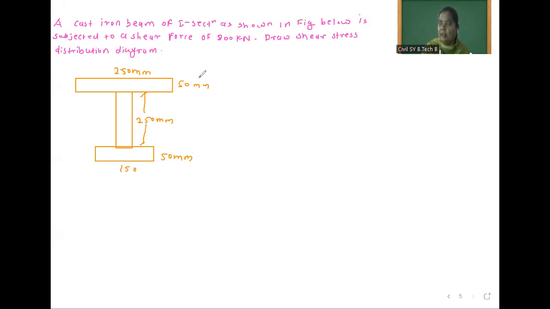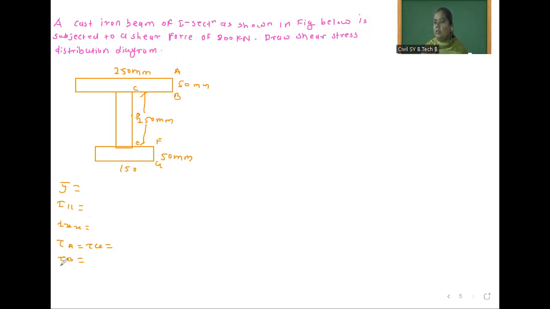First you calculate y bar, then I11, Ixx, then stresses. Y bar which is equal to how much? I11 which is equal to how much? Ixx which is equal to, then tau A which is equal to, suppose this is point A, B, C, D, E, F, and G. So tau A which is equal to tau G is how much?